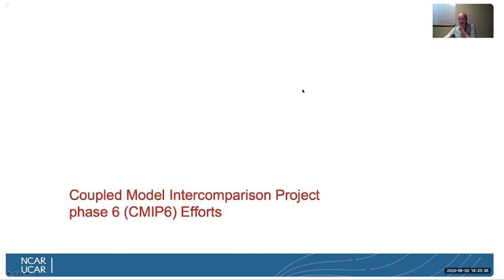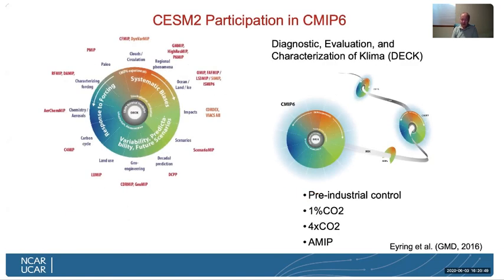So that was a very brief introduction to some of the capabilities of CESM. Now I'll focus a little on our efforts towards CMIP6. To give you a brief idea about what CMIPs are, participation in CMIP requires running quite a lot of simulations. The schematic on the right side shows the entry-level participation.